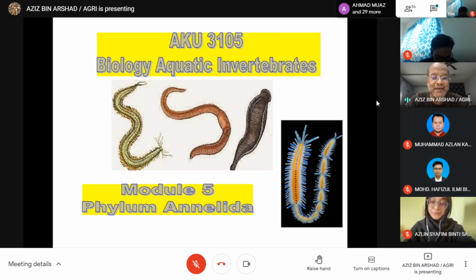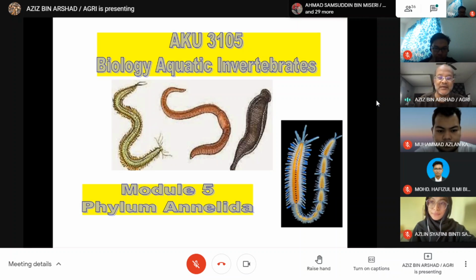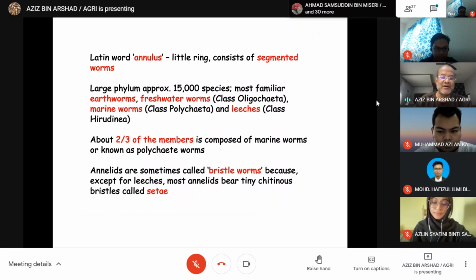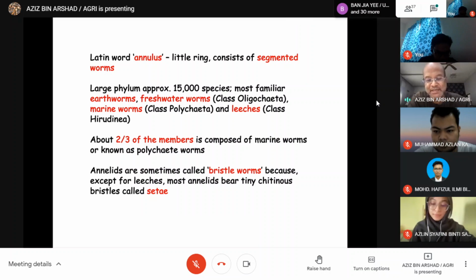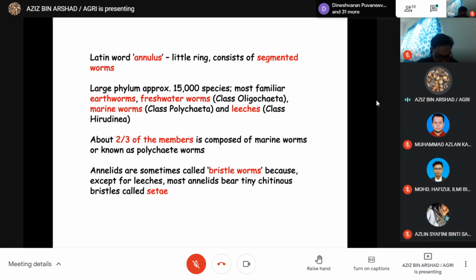Annelids are mostly comprised of groups such as the earthworm, the polychaete worm, which is in the marine environment, the leeches that are in the water as well as terrestrial, and also the oligochaete, which is the tubifex.